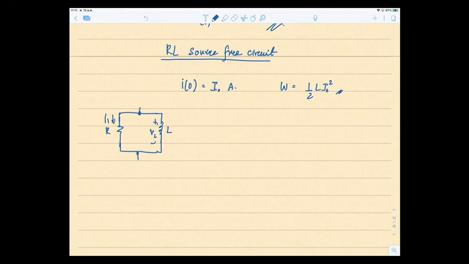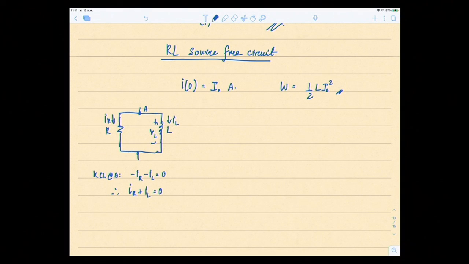There's a current IR flowing through the resistor and a current IL through the inductor. If I do KCL at node A, with IR leaving node A and IL leaving node A, the sum equals 0, or another way, IR plus IL equals 0.